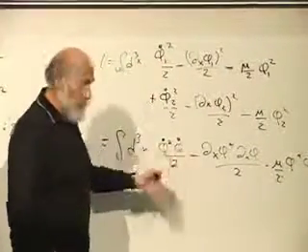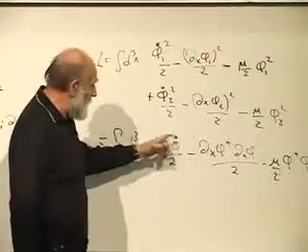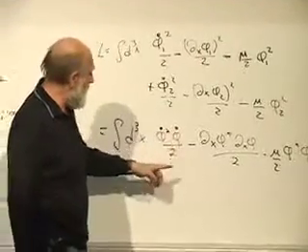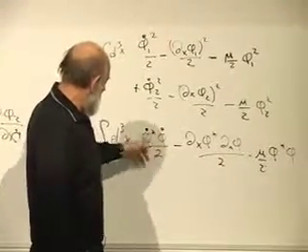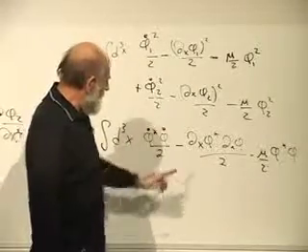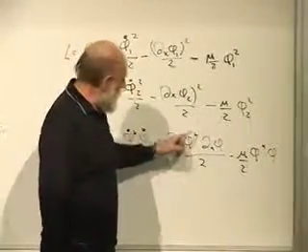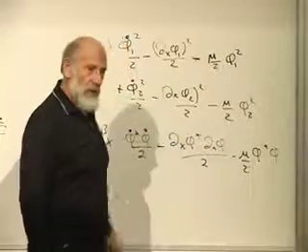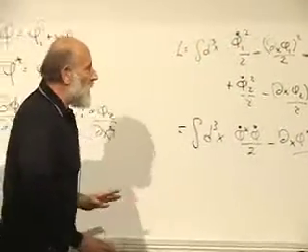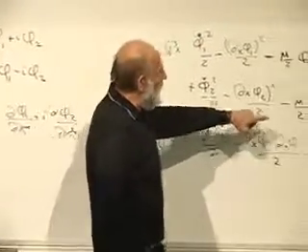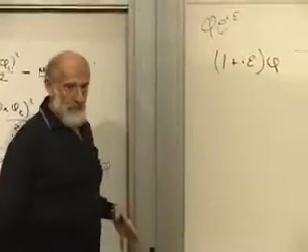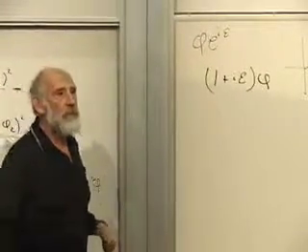Anything, phi times phi star, phi dot times phi star dot, you know what I meant, phi star dot times phi dot. Any of these expressions involving a star times an unstarred thing will not change if you just multiply phi by e to the I epsilon. That's because it changes phi star.